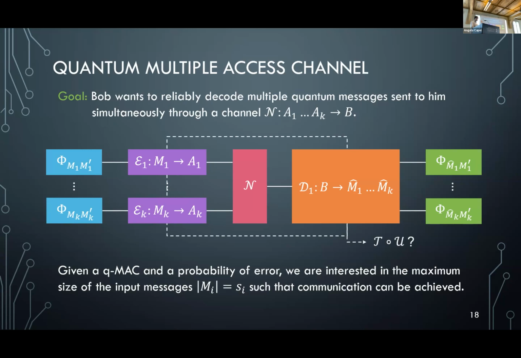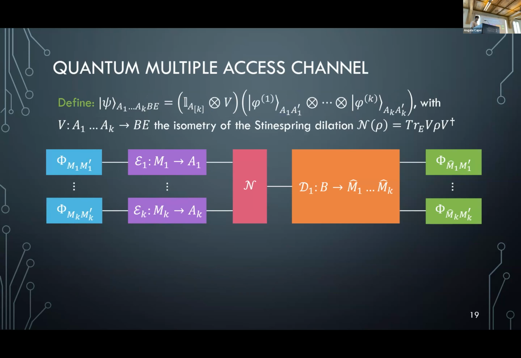So the thing now is how can we use our theorem here? This is a bit more intricate, and I'm not going to be super specific about it, because we have to use this state you see at the top, which is not like the cases before where we had the initial state that we manipulated. This is a state that we use for the proof that considers not only the input state but the application of the channel itself. This B is the isometry from a Stinespring dilation.